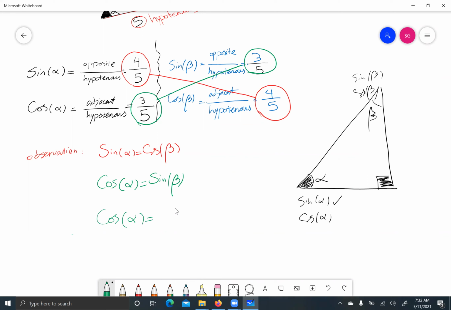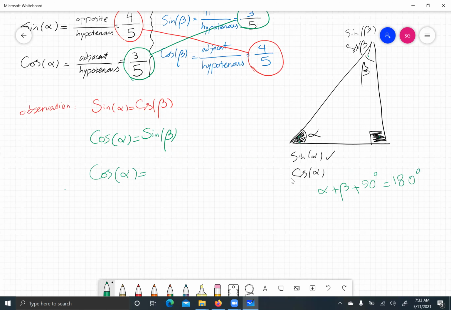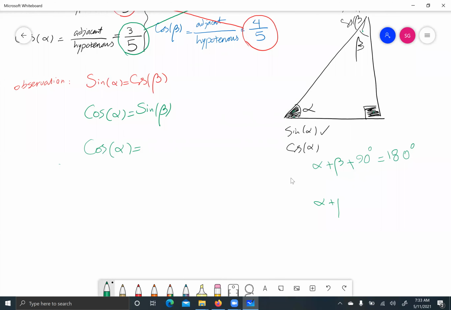You know that the sum of 3 angles is pi, or 180 degrees. That means alpha plus beta plus this 90 is gonna be 180 degrees. So alpha plus beta is 90. In a right triangle, the sum of these two angles is always 90.